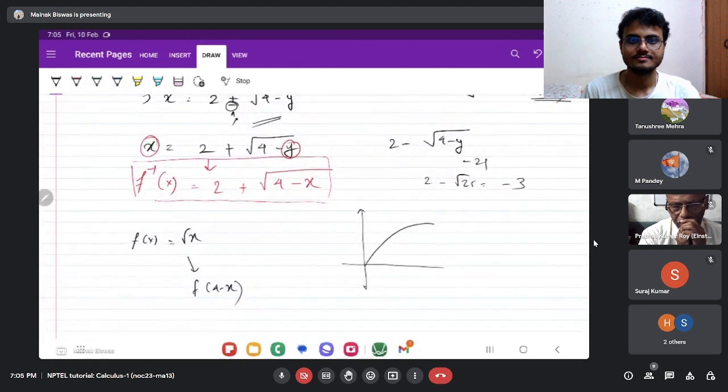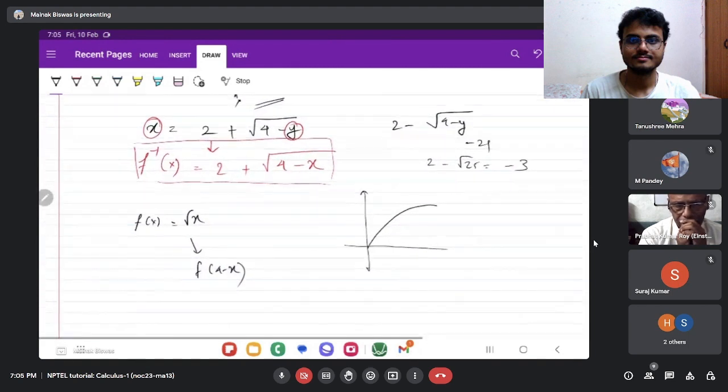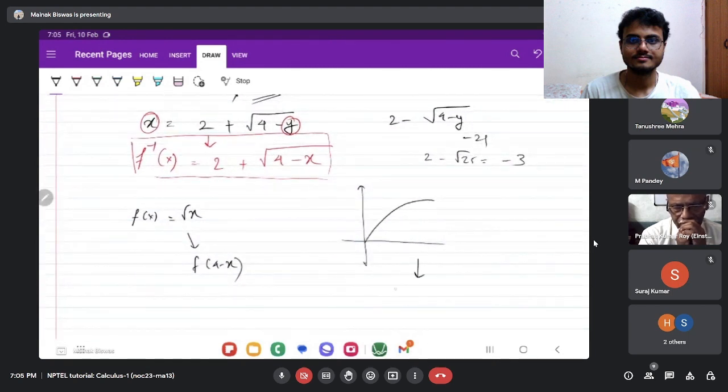So you can't have values greater than 4. So this is your f of x is equal to root x. So I'm plotting here 4 minus x.